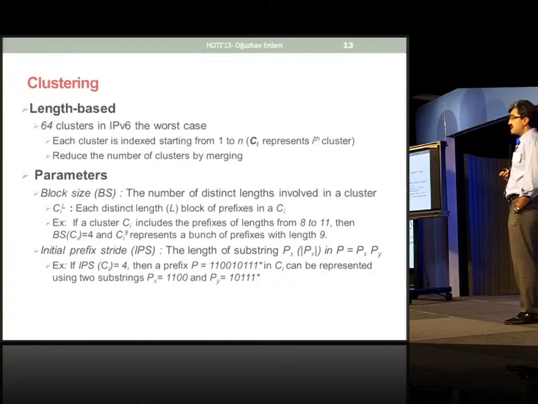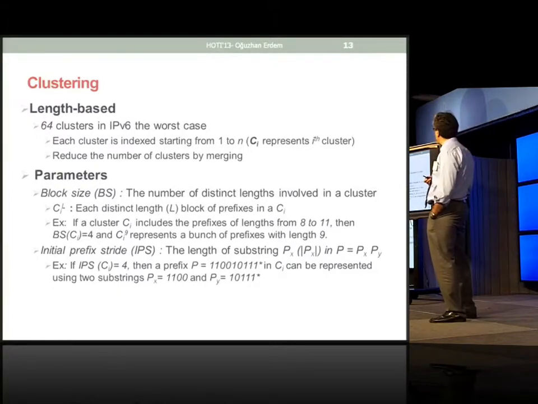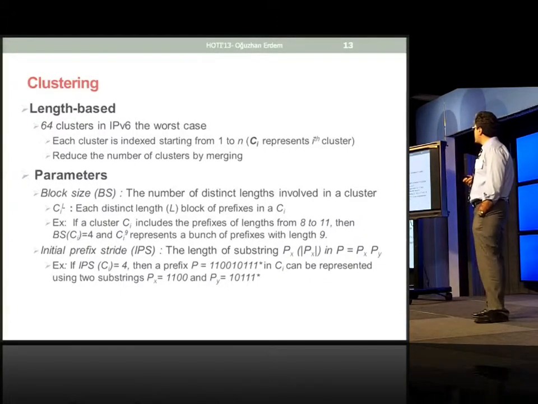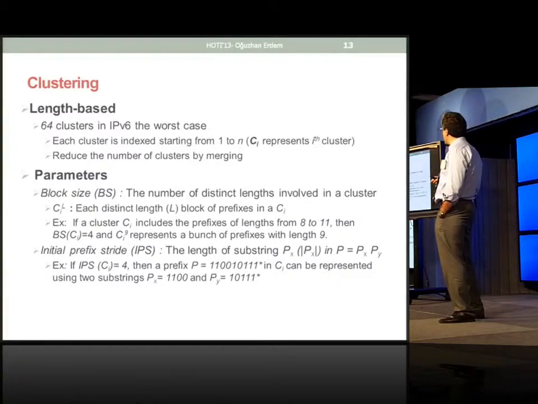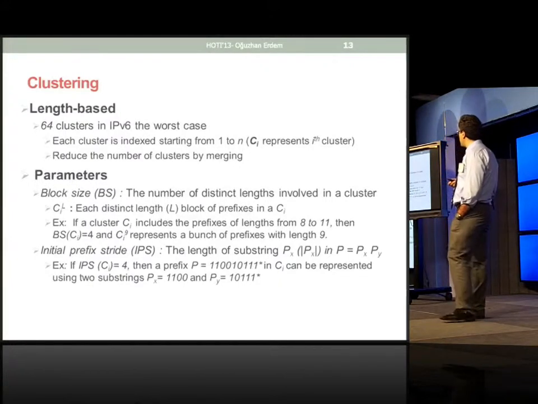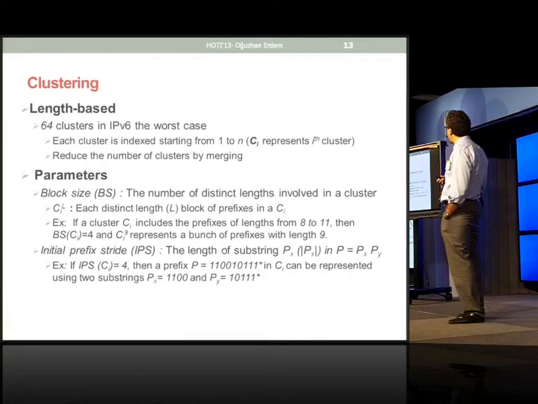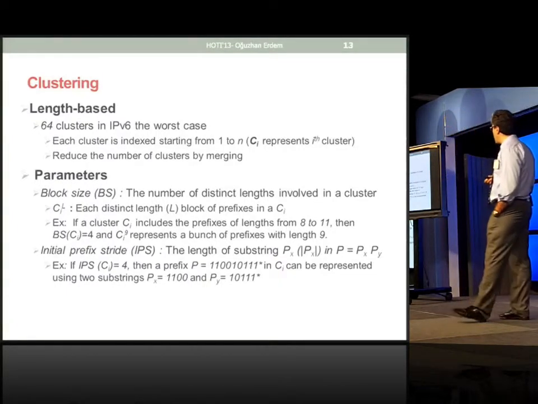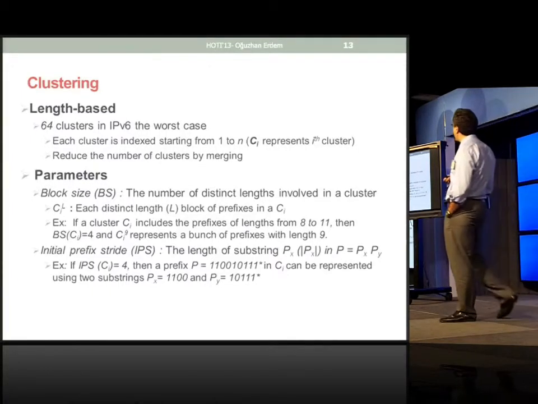If we use merging, we have several parameters. The block size parameter shows the number of distinct lengths involved in a cluster. So each distinct length block of prefixes in a Ci is represented by CiL. For instance, if a cluster Ci includes the prefixes of lengths from 8 to 11, then the block size of that cluster is 4, and a bunch of prefixes with length 9 can be represented as Ci9.